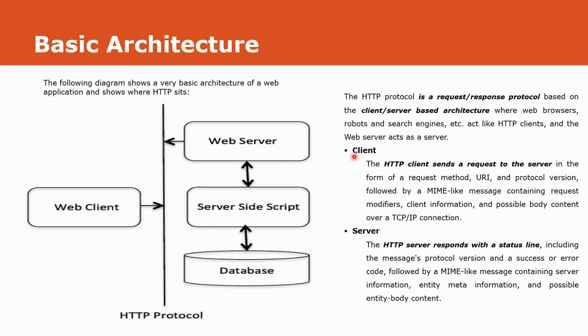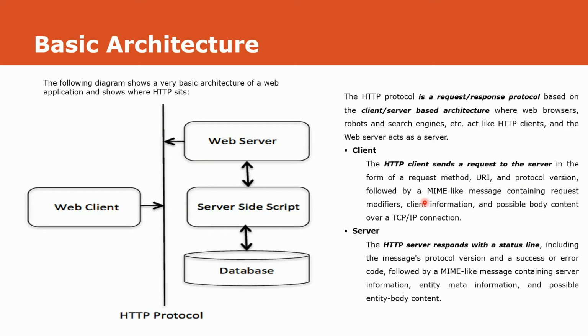Now, what is the client and what is the server? The HTTP client sends a request to the server in the form of a request method, URI, and protocol version, followed by MIME, M-I-M-E, like content message request, and these are the parameters. What are the parameters?